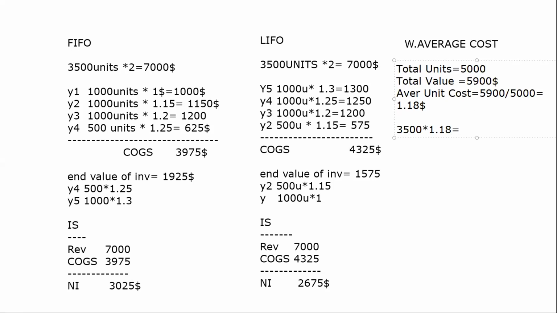It would give you the cost of goods sold based on the weighted average cost methodology. So 3,500 times 1.18 is $4,130. This is the cost of goods sold. So, income statement: revenue is 7,000. Cost of goods sold is 4,130.